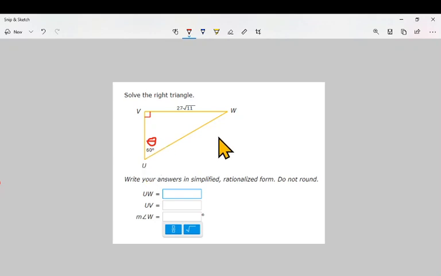Alrighty, so we have the theta right there for angle U, or 60 degrees. And now let's go ahead and pick a side to solve for. For reasons that we'll get to in a little bit, we'll be using the unit circle for these problems. And we're going to want to stick with cosine and sine as much as possible to make it easier on us. And so if we make 60 degrees our theta, we can label side VW, or 27 square root of 11, as the opposite side.